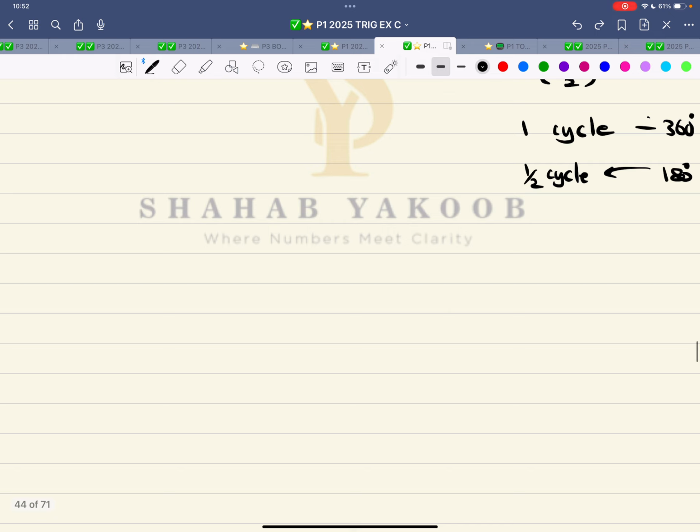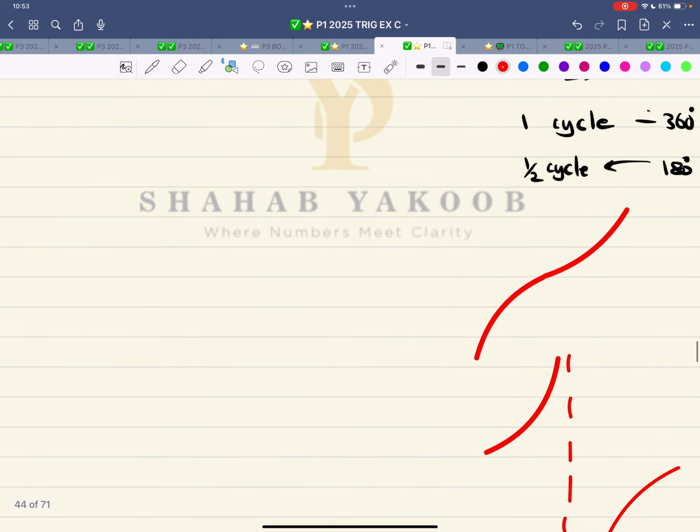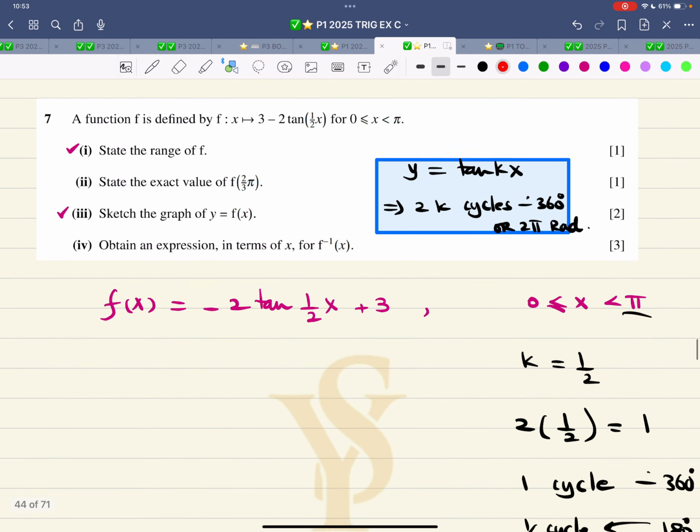Now keep in mind, when we talk about tangent, the cycle could be like this, or it could be like this. I mean the different portions of the graph, or maybe it's drawn like this, and then there is a dotted line like this, and then we are drawing the other half. So it depends on from where to where we are drawing.